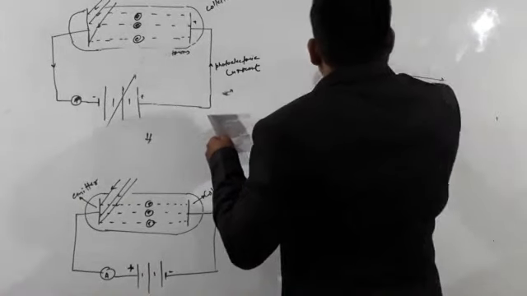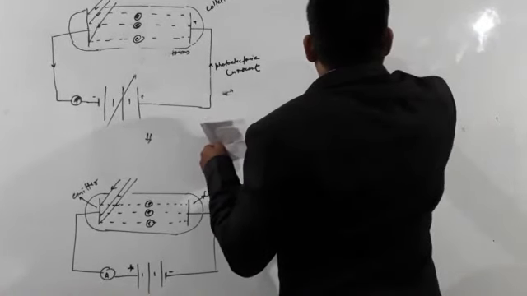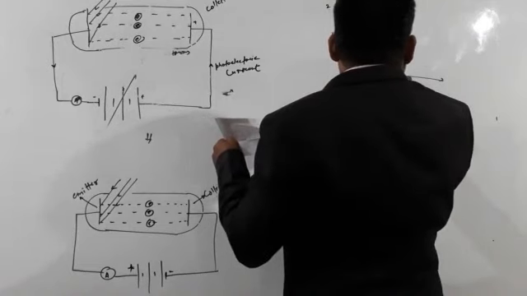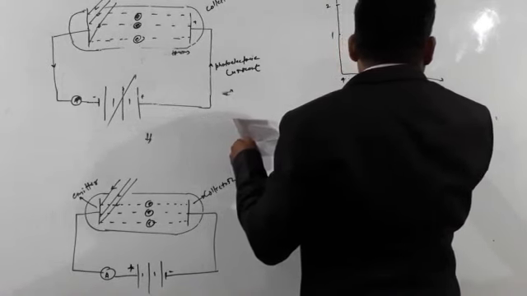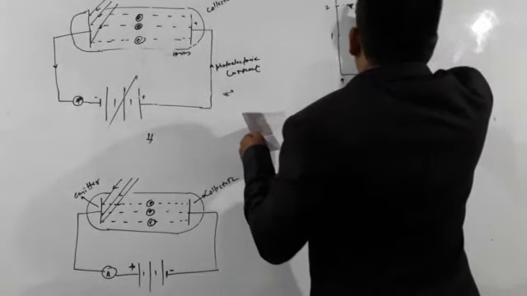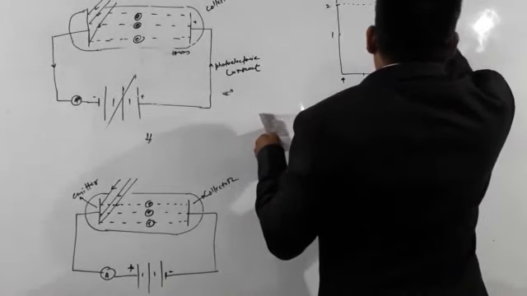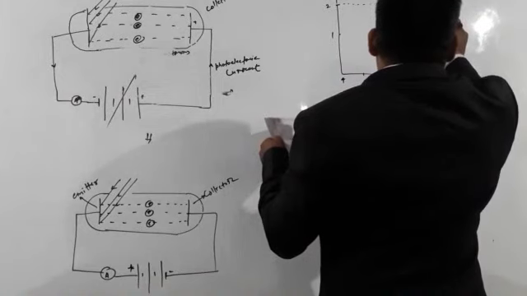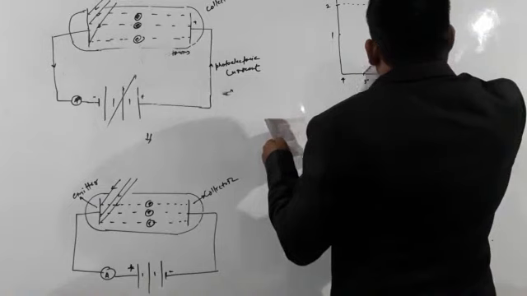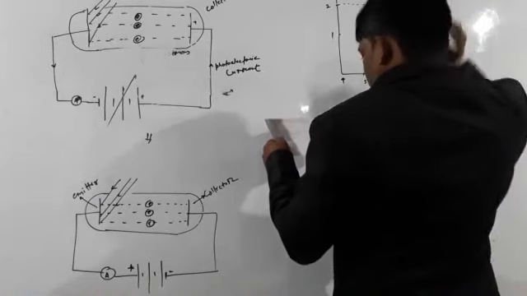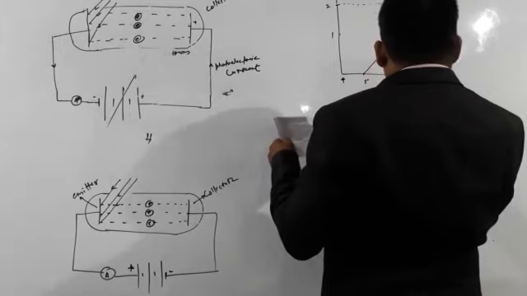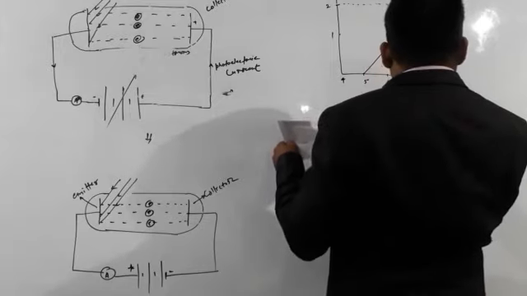V naught, with values 2, 1, 4, 5, 6, 7, 8, and nu into 10 to the power 14 hertz.